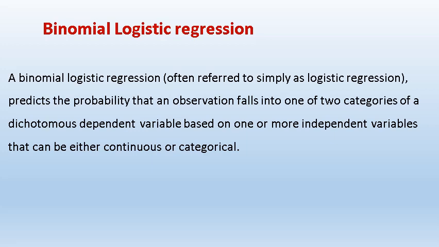So please keep in mind, one dependent variable will be there, that is a binary or dichotomous variable. So only two categories will be there for the dependent variable. Independent variables can be either continuous or categorical. There can be multiple independent variables.